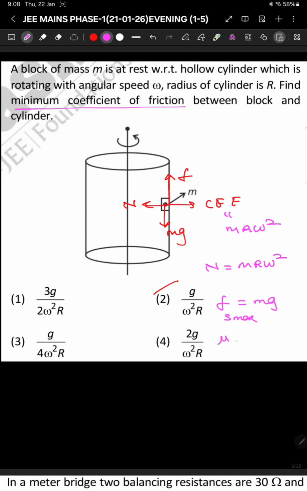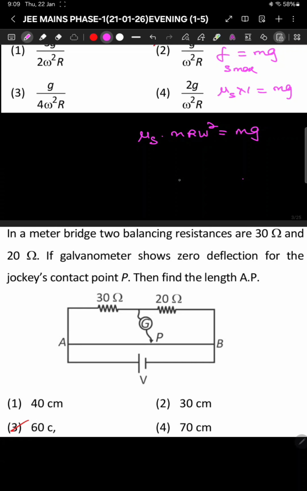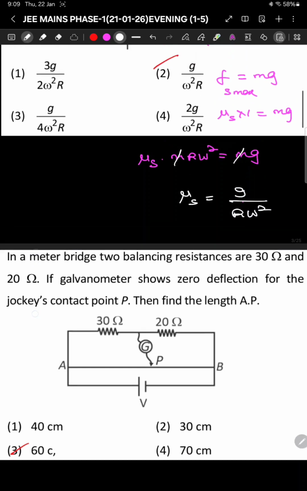We know the Fs max formula: mu s into N equal to mg. So mu s into m r omega square equal to mg. Here m will get cancelled. Mu becomes g by r omega square. So this is option 2.